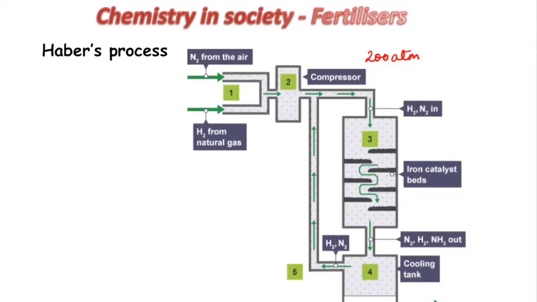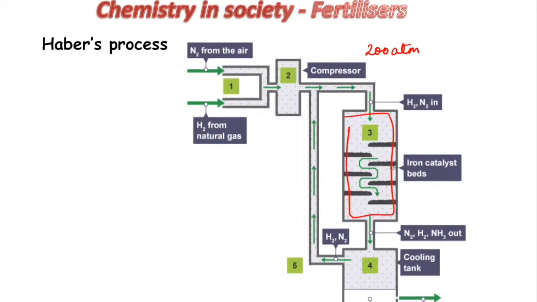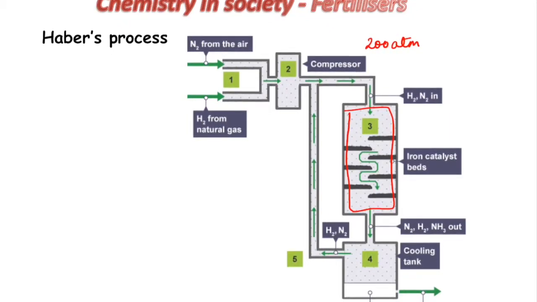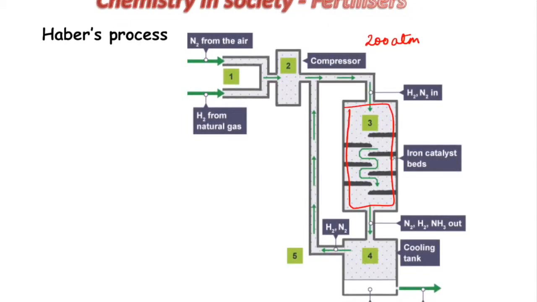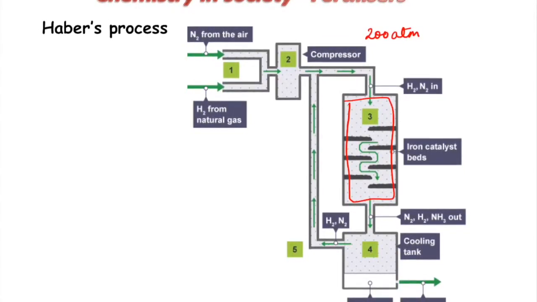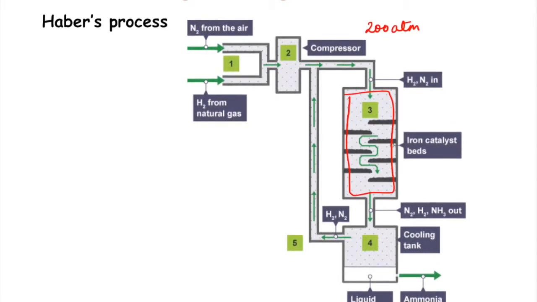The compressed gases are then passed through the heating chamber, which contains iron catalyst beds. Catalyst helps to get the best yield of ammonia at low economic costs. Ammonia is best produced at low temperatures, but the reaction is too slow.